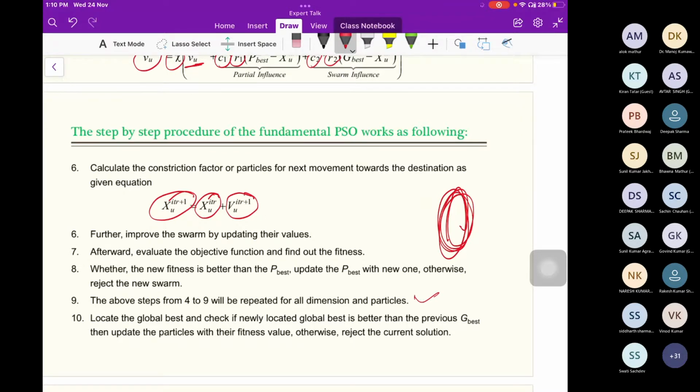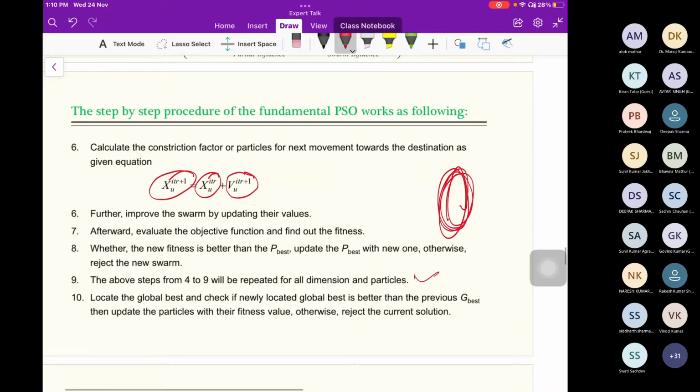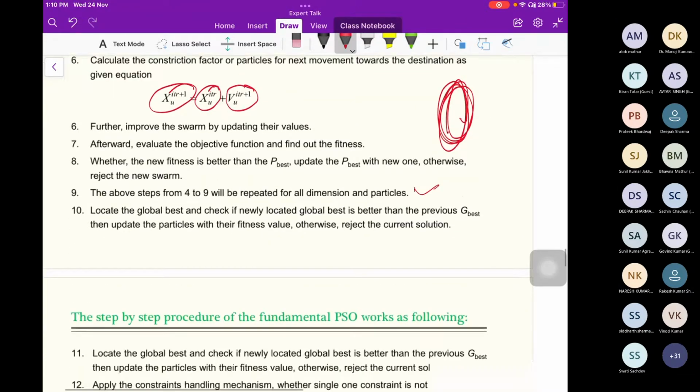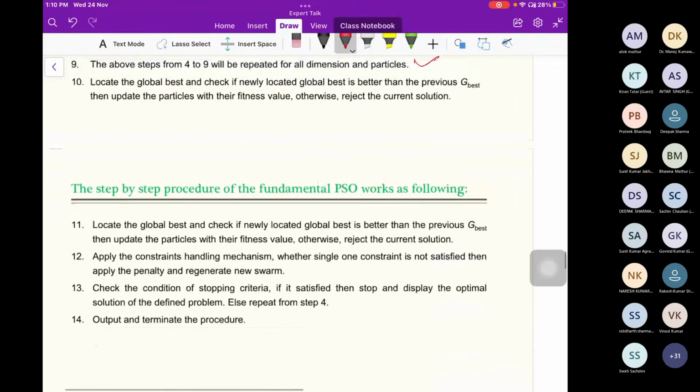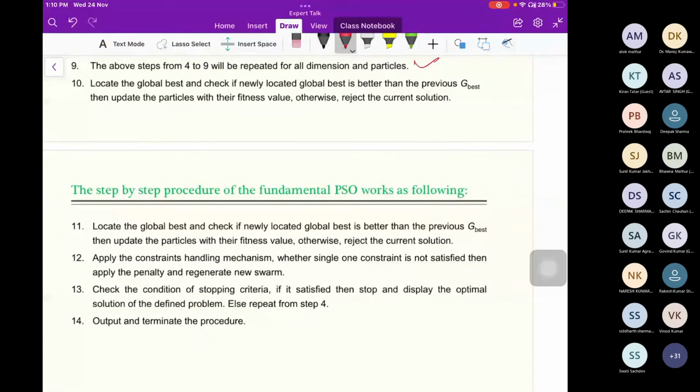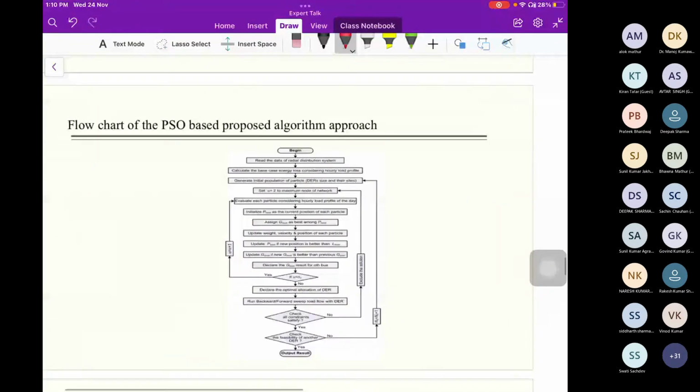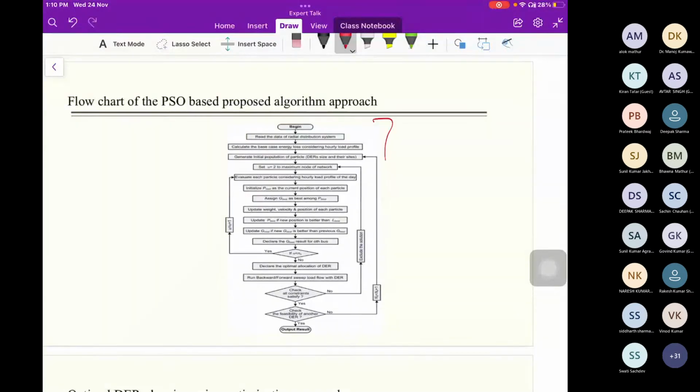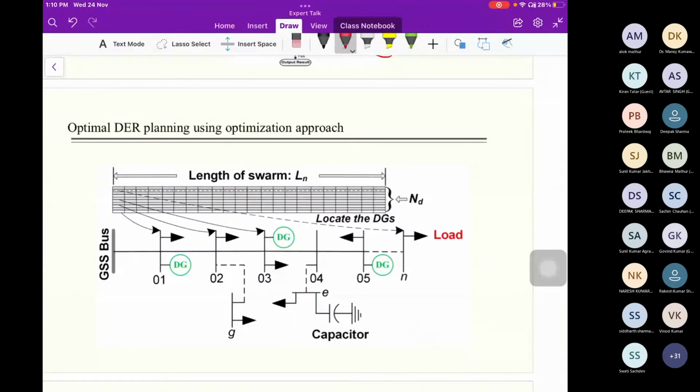In that condition, randomly we install the DG, and after that we calculate the distribution system analysis with the help of backward forward load flow, and we find out if the losses are reduced, then this type of solution we accept, otherwise we reject. So at different positions we install the DG, and after that we find out the power losses, and those fitness values will be accepted if they do not violate the constraint values.